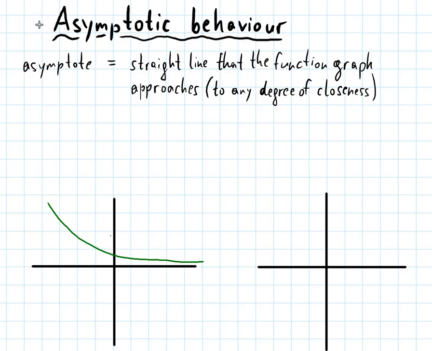So in this case, you could say that the x-axis, by the way, the equation of the x-axis would be y equals 0, because you specify the x-axis by telling that there is no y coordinate. So y equals 0 is a horizontal asymptote of this function graph.